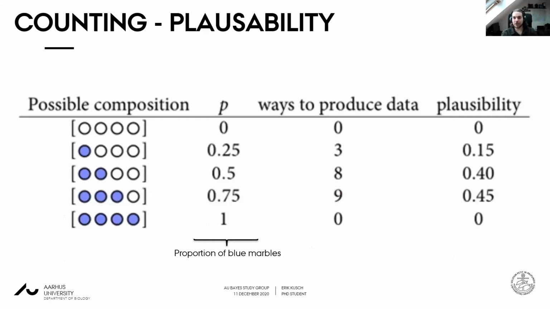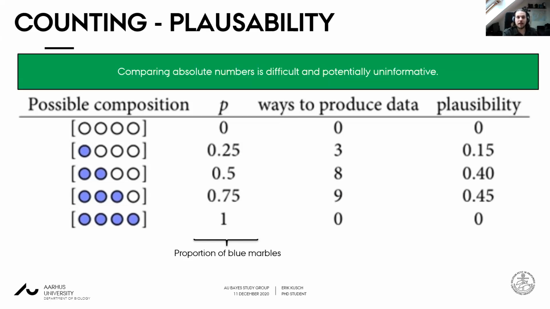All right, moving on. Raw counts themselves aren't necessarily the most important to us, because we would like to weigh stuff up against one another. For that, we would usually standardize variables and their values, for example. But as far as Bayes is concerned, comparing absolute numbers is difficult and potentially not very informative.